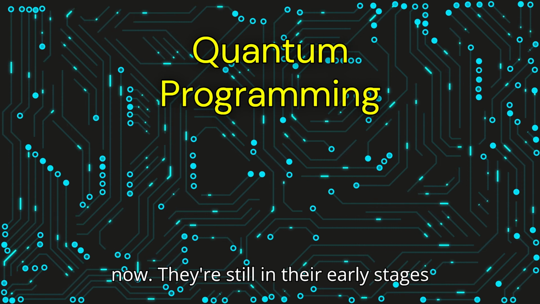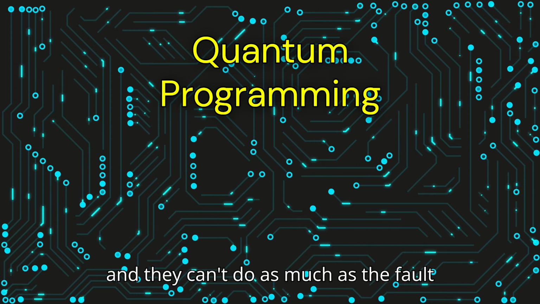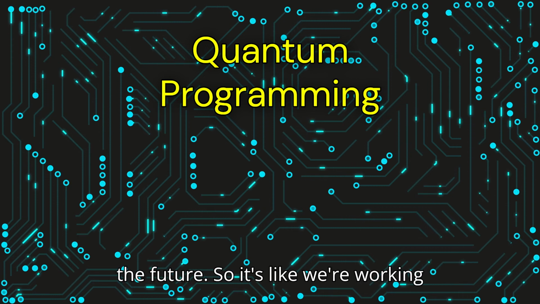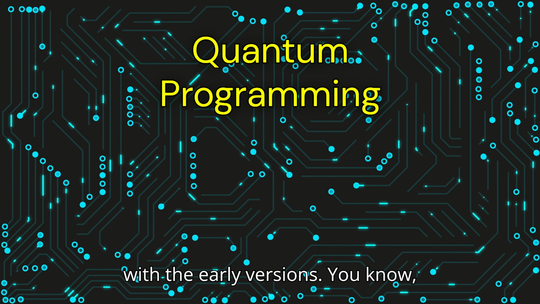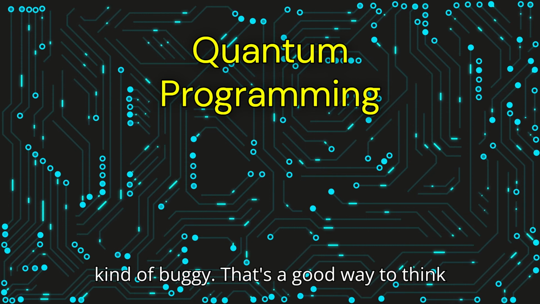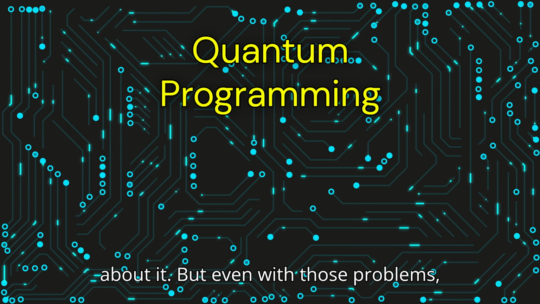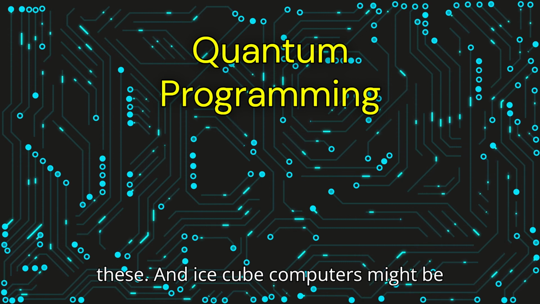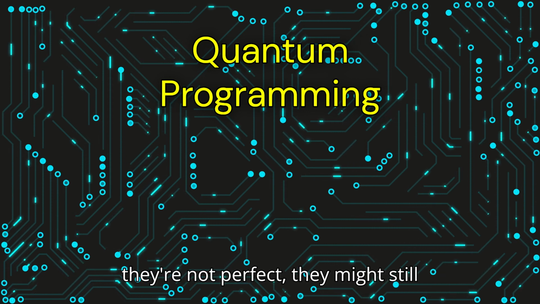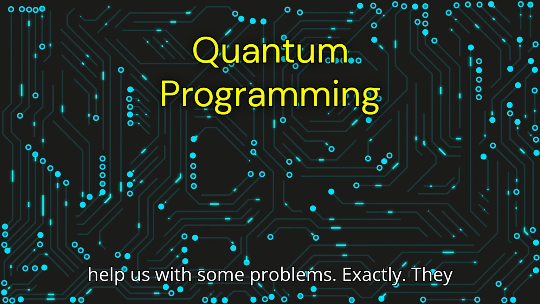They're still in their early stages, and they can't do as much as the fault-tolerant computers we want to build in the future. So it's like we're working with the early versions. They have potential, but they're still kind of buggy. That's a good way to think about it. But even with those problems, these NISQ computers might be useful in the near future. So even though they're not perfect, they might still help us with some problems. Exactly.